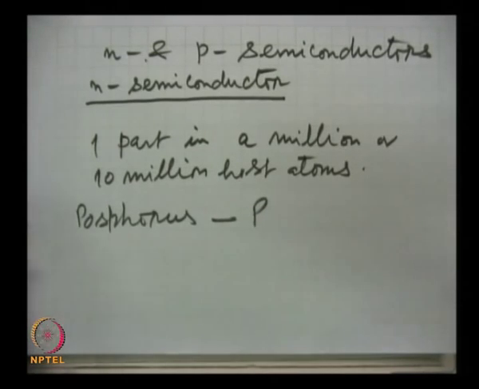Phosphorus has valency 5, and silicon or germanium have a valency of 4. Now, doping is in such a small magnitude that it does not change the basic structure of the host material.